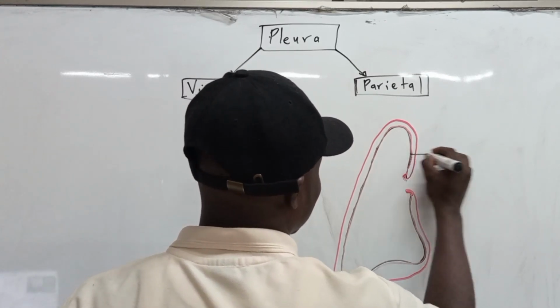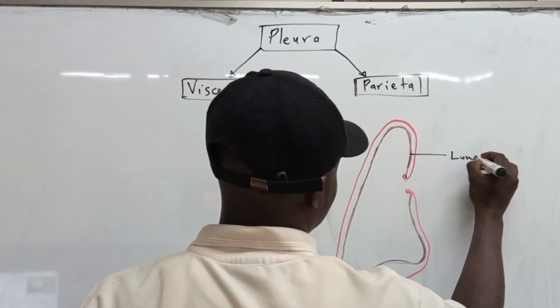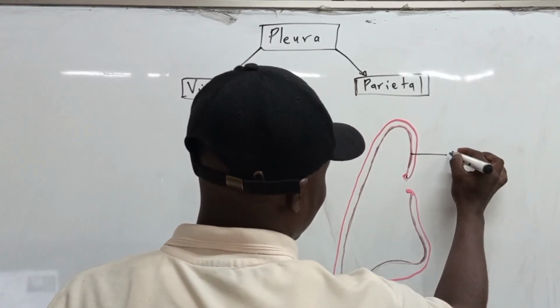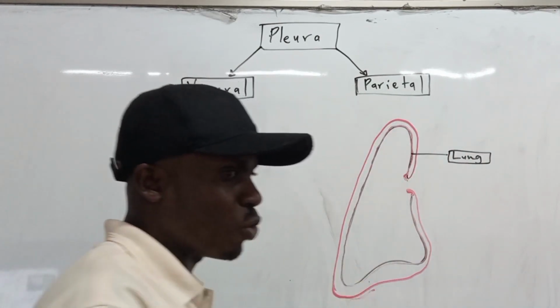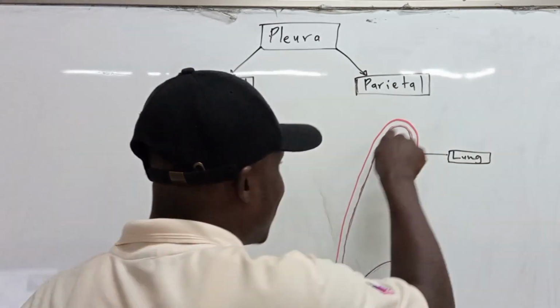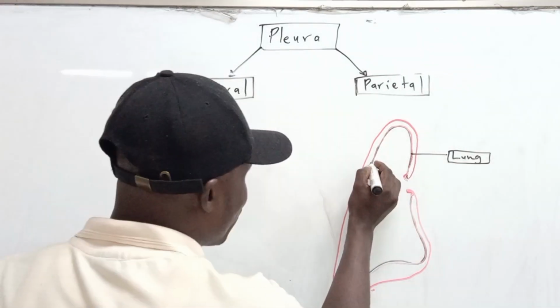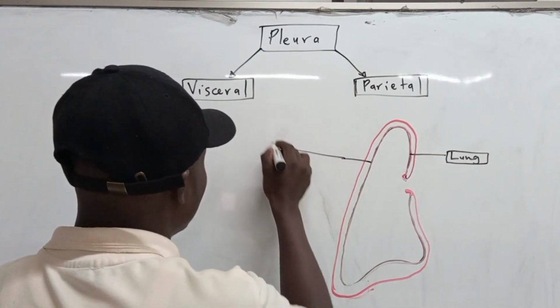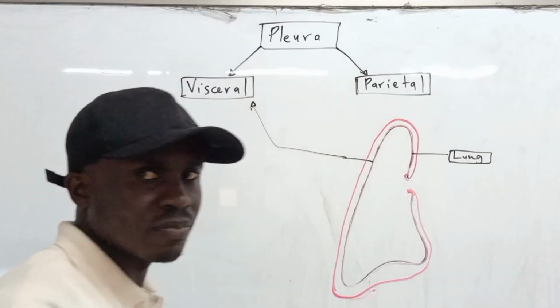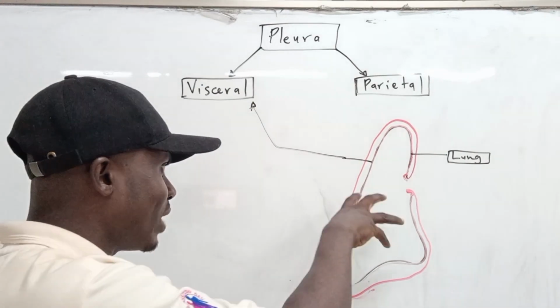But this lung, what we've seen is that there is something around it, and that is the pleura we are talking about. The one which is intimately associated with it, like this portion that we find over here, becomes your visceral pleura. It's intimately around the lung itself.